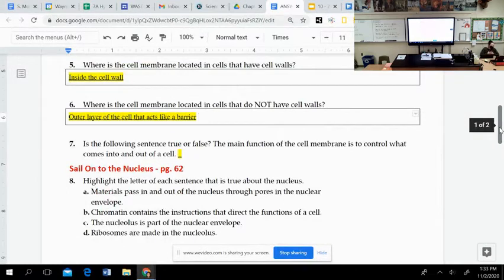Then question 7 in this section is the following sentence true or false? The main function of the cell membrane is to control what comes into and out of a cell. True. It is true. Okay, it acts like that barrier or that guard.